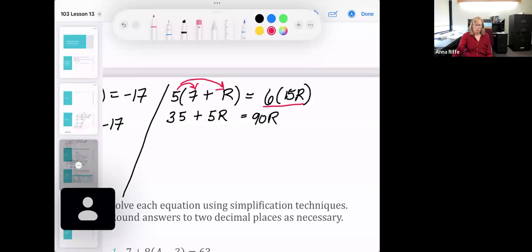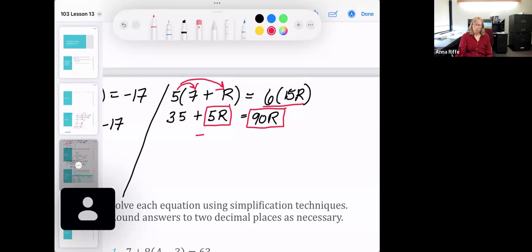Now that we have that, I can note that there are variable terms on two different sides. I don't want two different variable terms. I want to have those all on the same side. So you can choose to collect all variable terms on the left or to collect them on the right. I think I'm going to collect mine on the right this time.